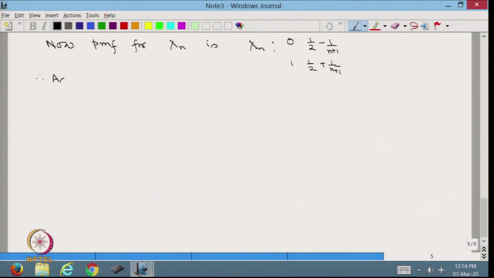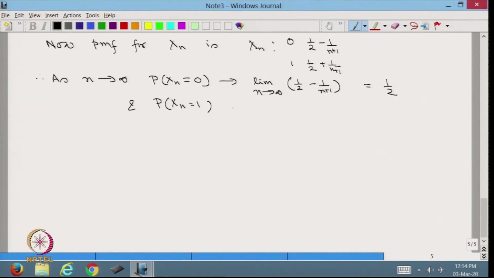Therefore, as n goes to infinity, probability x n is equal to 0 goes to limit n going to infinity of half minus 1 upon n plus 1, which is equal to half, and probability x n is equal to 1 converges to limit n going to infinity of half plus 1 upon n plus 1, which is equal to half.